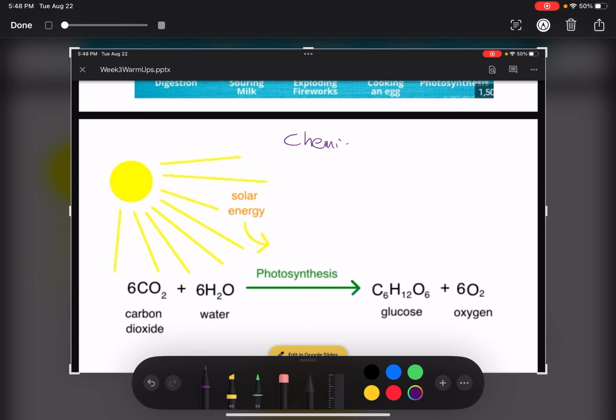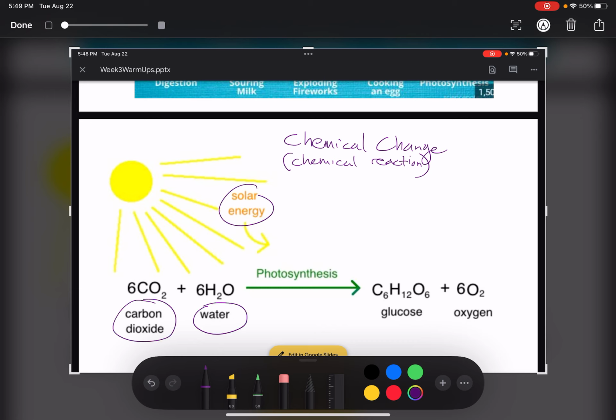So again, we have a chemical change. Another way to say that would just be a chemical reaction. So in this reaction, just ignore these numbers for right now, we have carbon dioxide, and we have water, and we have energy from the sun that's combining with that.